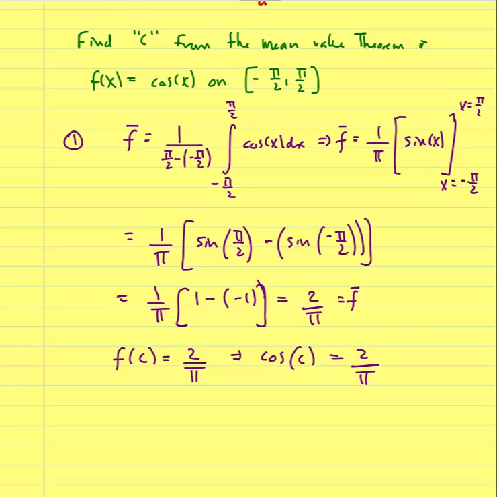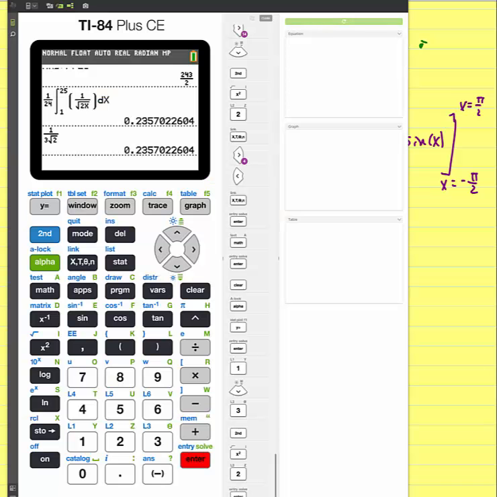So we're going to need a little calculator help for this. If this would show up on a handwritten homework or a test, these would be values of the unit circle that you would know. You wouldn't have to use your inverse trig functions on your calculator to figure this out. So if we grab our calculator, we're looking for the inverse cosine of 2 over pi.